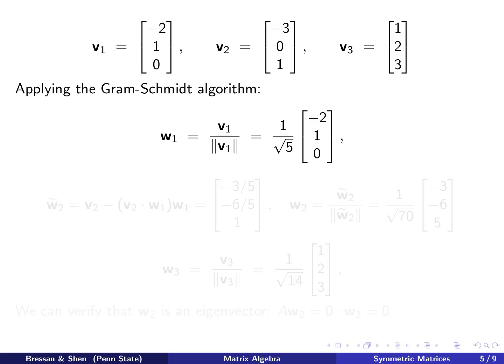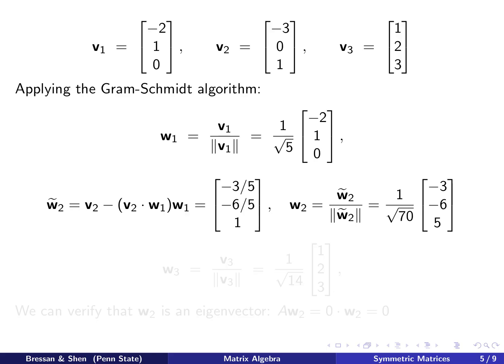This reminds us of something we learned earlier in this lecture series, and that is the Gram-Schmidt algorithm that will generate a set of orthogonal or orthonormal, if you wish, vectors. Okay, so let's apply that. Let's compute w1, which is just a normalized vector of v1. So v1 divided by the norm of v1, and we can work it out, and we get that.